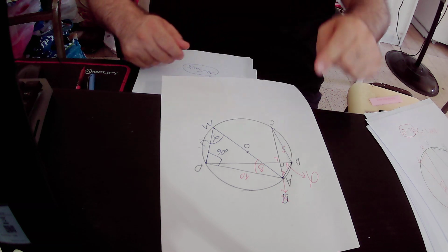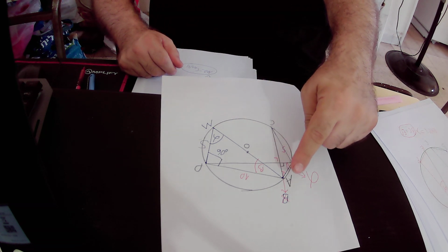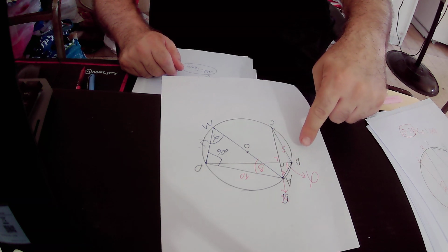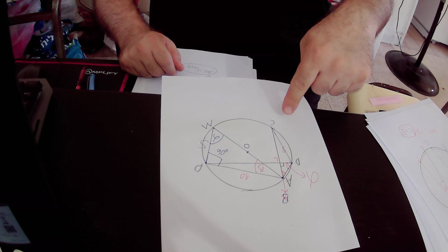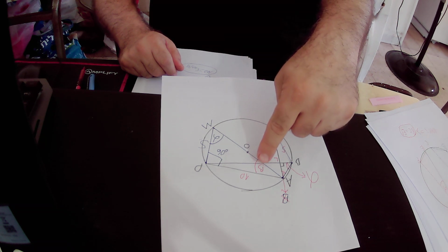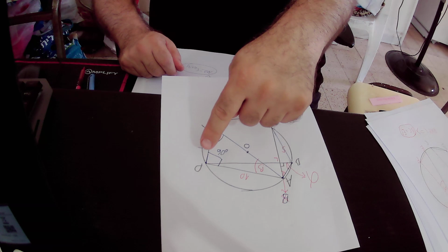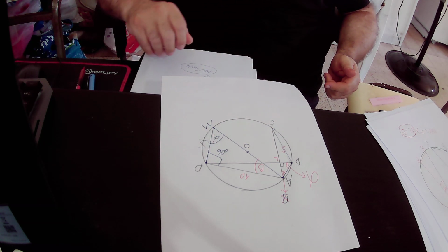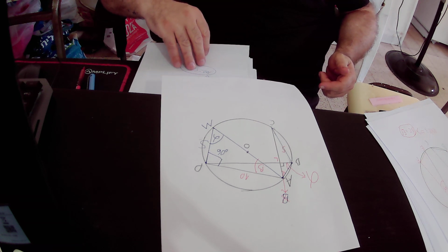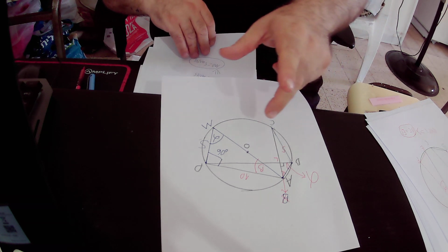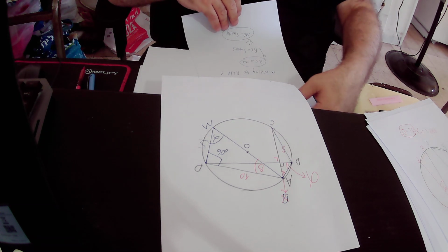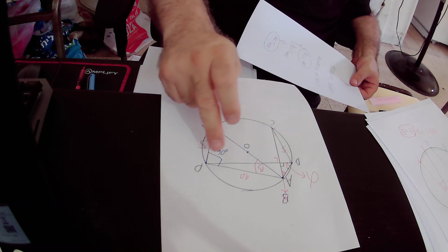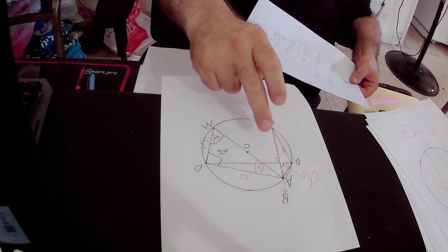We have angle beta that rests on chord BC, and this angle beta also rests on chord MD. So according to rule number 3, those chords equal each other because the angles both equal angle beta.